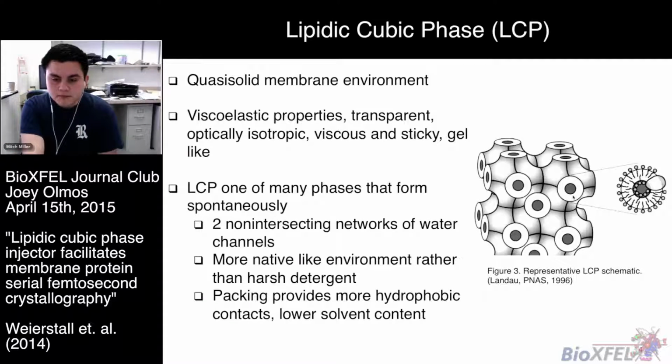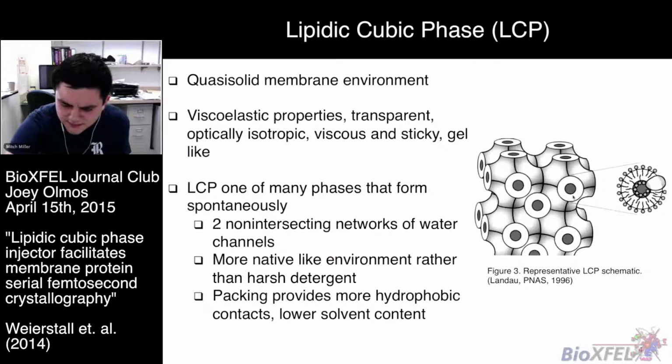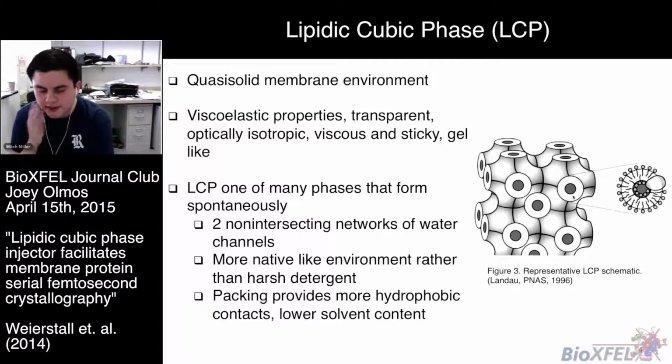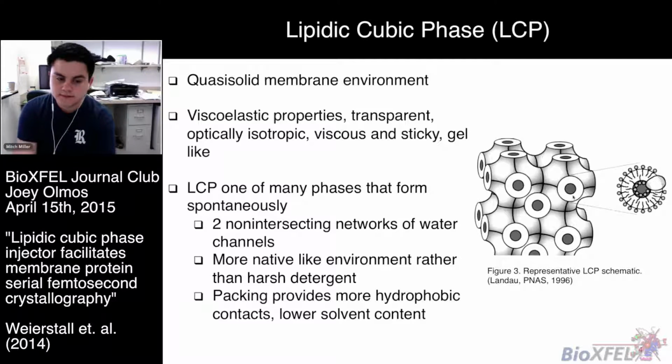In general, you'll get better representative structures from using something like LCP to solve membrane protein structures, because the packing provides more hydrophobic contacts and lower solvent content, which is more like the native lipid bilayer environment from which they're extracted.